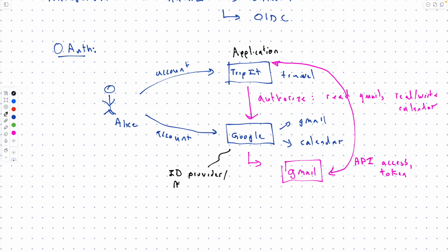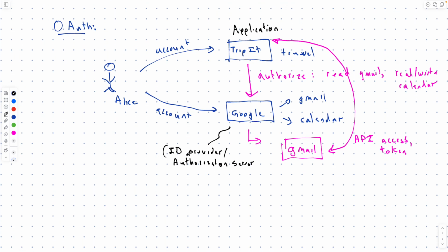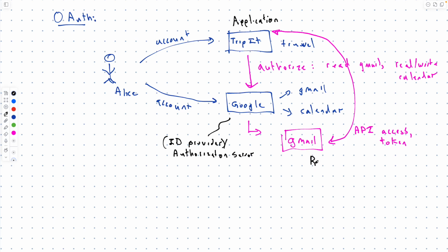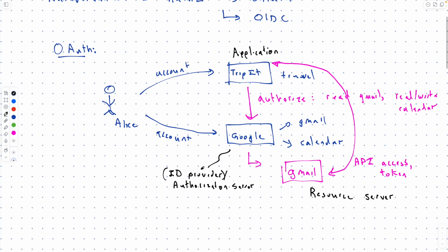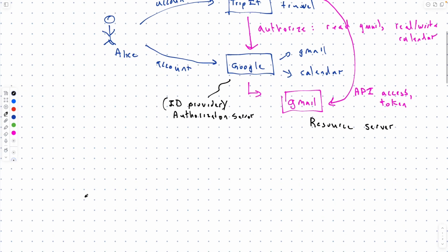And in this case, it's also going to be called the authorization server. So it's technically only the ID provider when we start doing this protocol. Next class, we'll call it an ID provider. For now, we'll just call it the authorization server. And then this we call the resource server. So it's the server where you're getting the actual content of the Gmail or the calendar app itself.